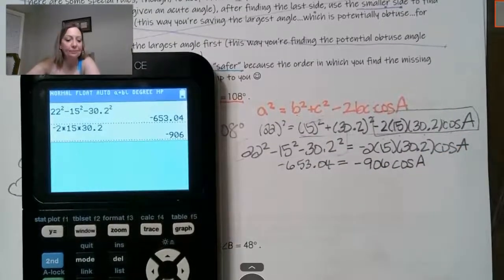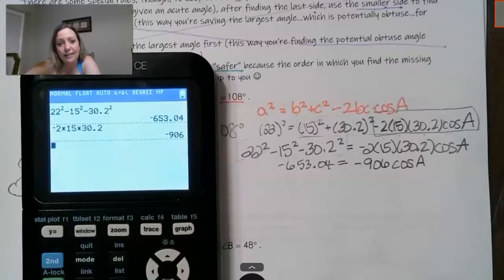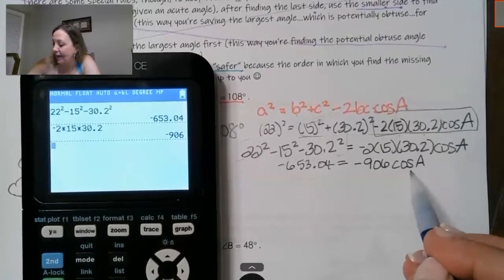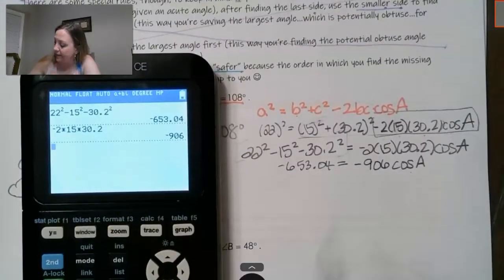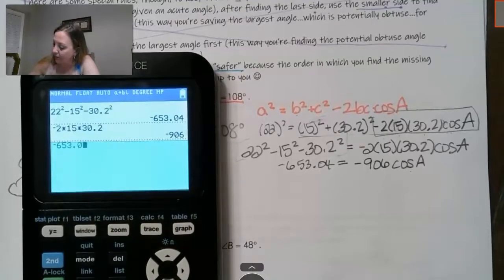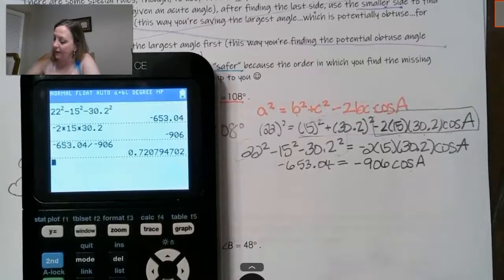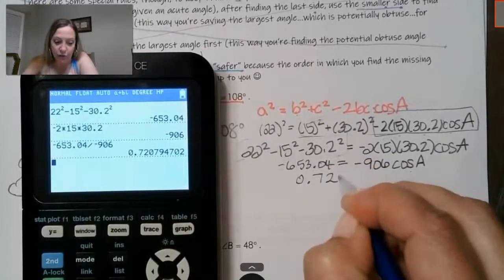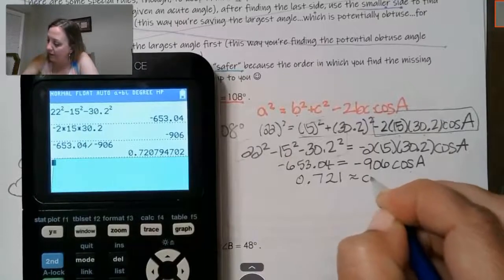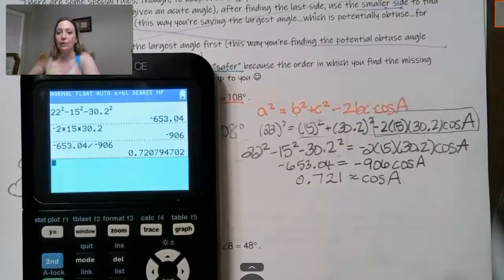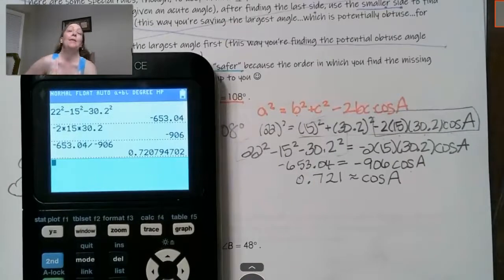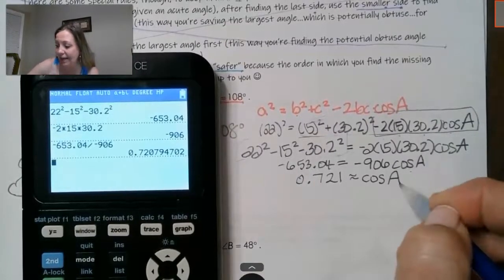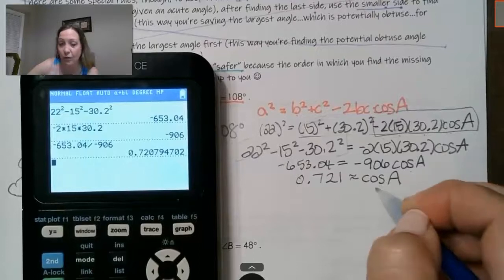That gives me -906. Okay. And then hopefully you see that to find the cosine of A, we would need to divide -653.04 by -906. And I get here about -0.721, and I'm rounding, and that is the cosine of A. Now, our goal is to find angle A. If we want to find angle A, I have to get rid of the cosine.